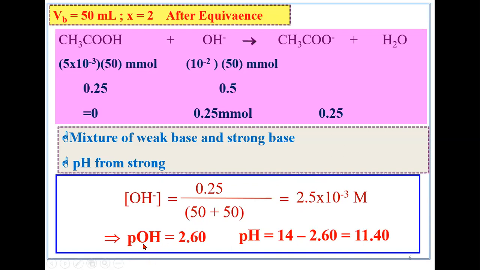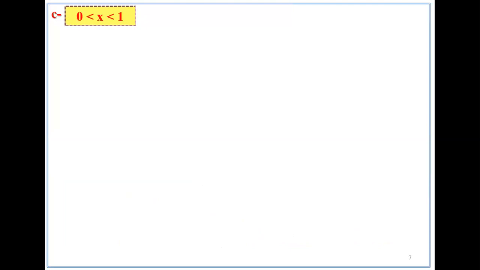Get the pOH, which is minus log of the OH, and then get the pH, which is 14 minus the pOH, is 11.4. And indeed, that's very logical to be at such a high pH because I'm at the end of my titration curve.